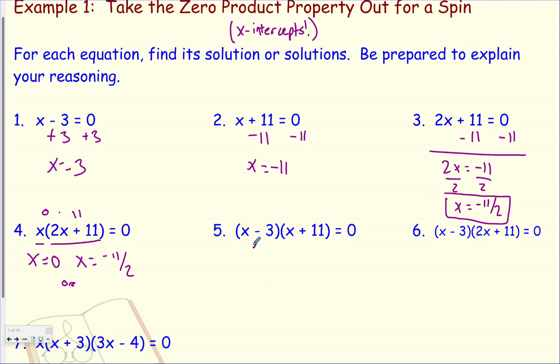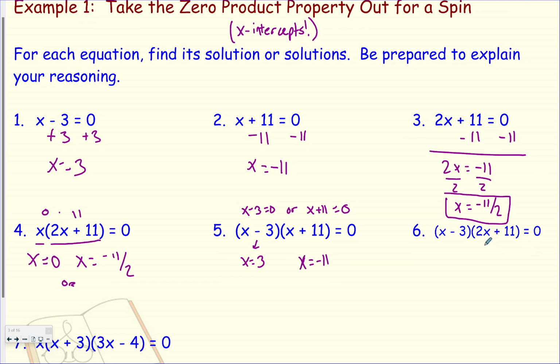From this factor, x could be 3, because if x minus 3 equals 0 or x plus 11 equals 0, then on this side, 3 works, and on this side, negative 11 works. Negative 11 plus 11 is 0. And no matter how long these expressions get, it boils down to that.